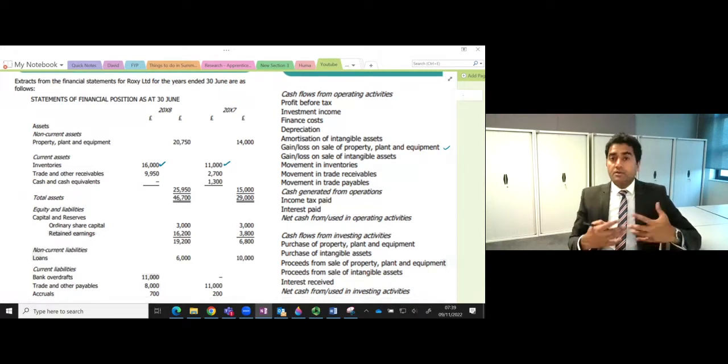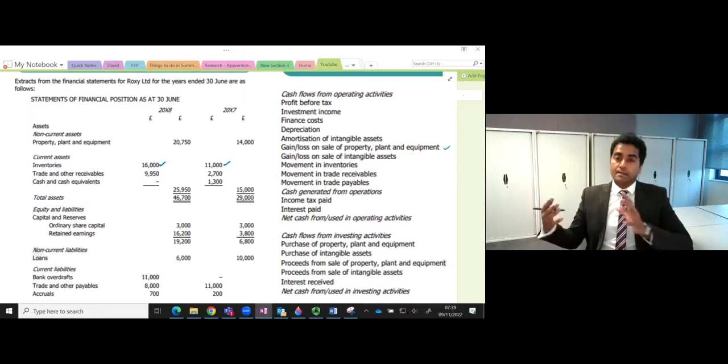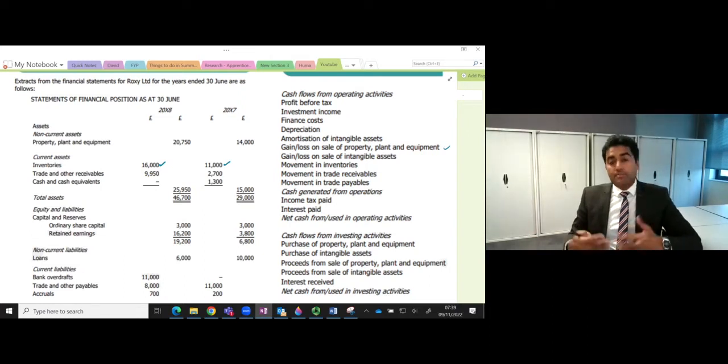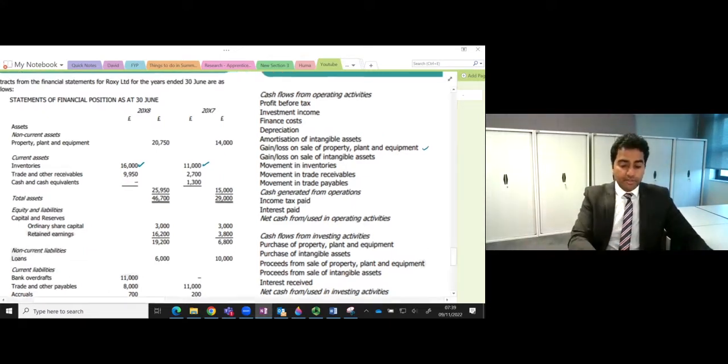Now, increase in inventory means I have stock sitting in my warehouse. That means I have spent money buying that stock, and that stock is sitting in my warehouse, which means my cash is tied up in the stock. And to buy more stock, I need to spend money. So from a cash flow point of view, it is not good to spend more money on your inventory.